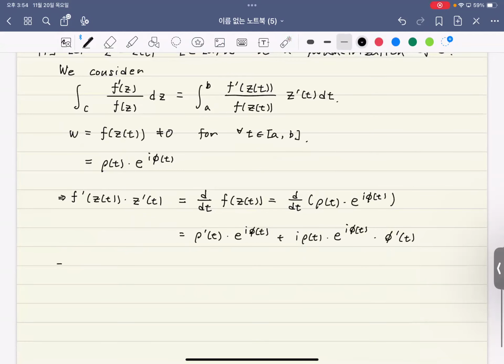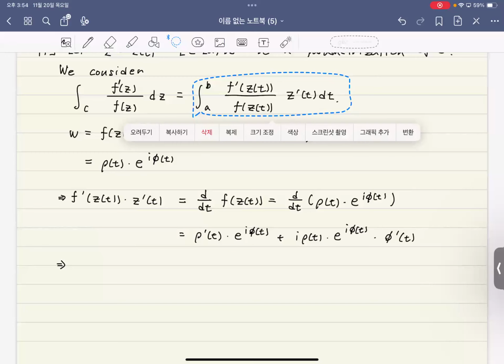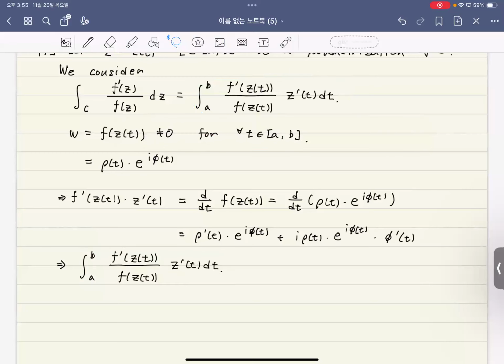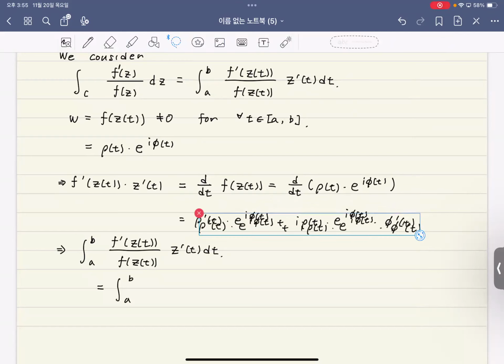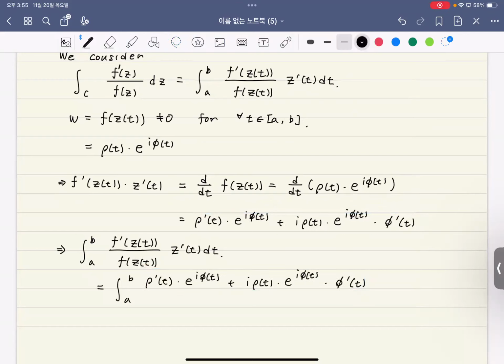So this one is the integral from a to b. This guy is on the top, and rho of t times e to the i phi t on the bottom, and dt.